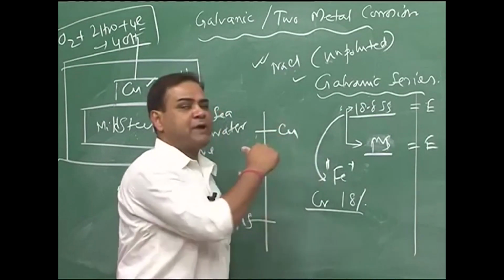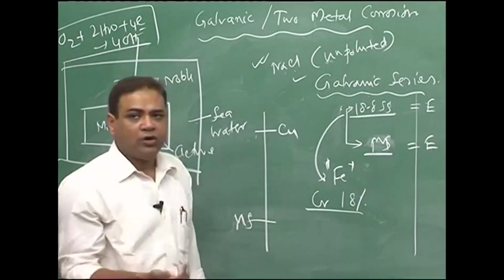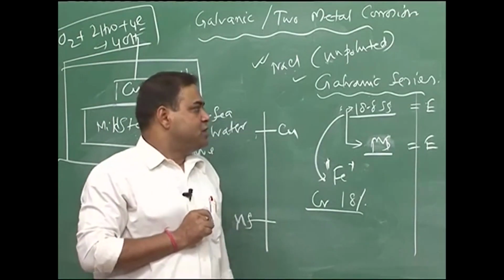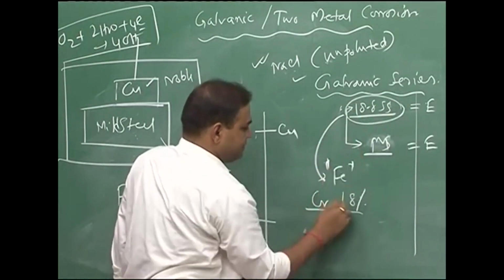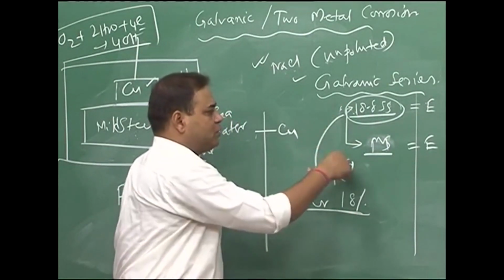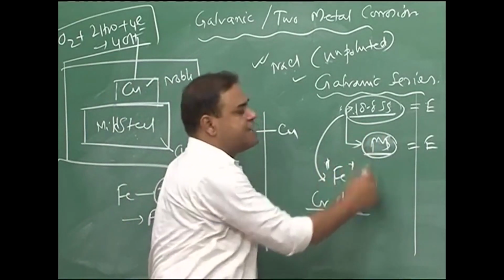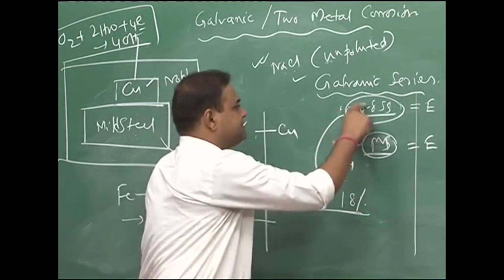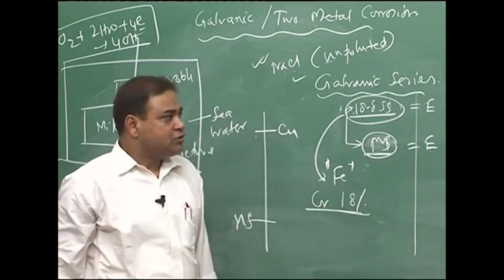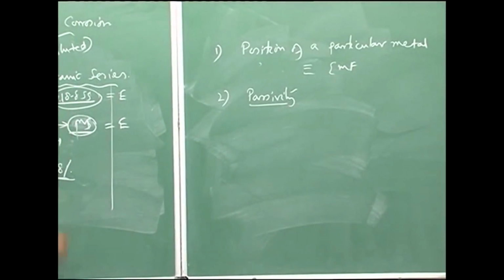Once it forms, that layer acts as cathodic in comparison to normal iron or mild steel. Since it is passive, it will act as noble and cathode, and mild steel will be the active metal in the couple. So, passivity of course changes the position of different metals in the series.